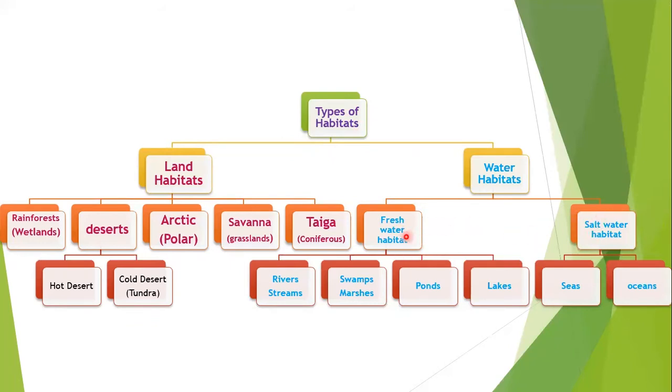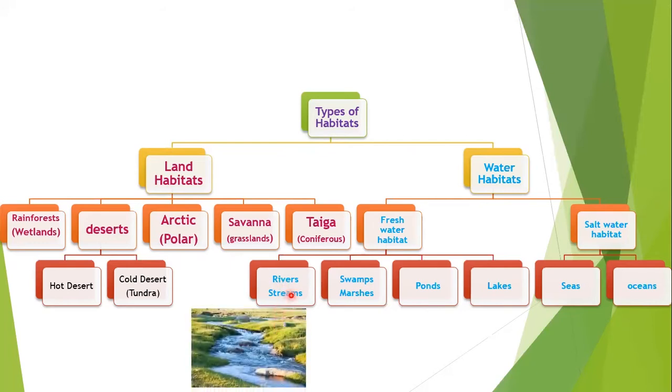Okay, let's come to fresh water. Here we can give some examples of freshwater habitats. For example, rivers or streams. Of course, rivers are bigger than streams. Number two of the fresh water is swamps or marshes.